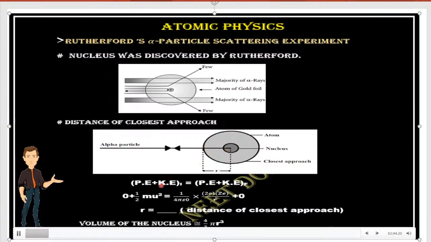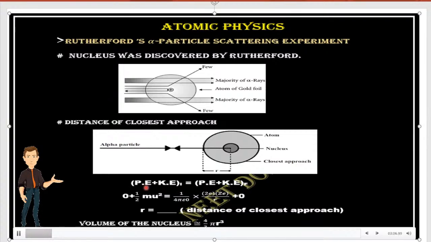To find that, we use the law of conservation of energy. Potential energy plus kinetic energy initially is equal to potential energy plus kinetic energy finally. Remembering this solves many questions.